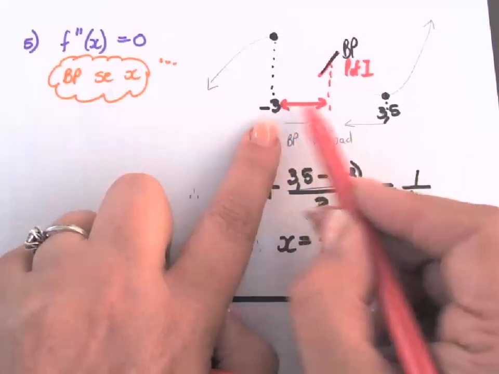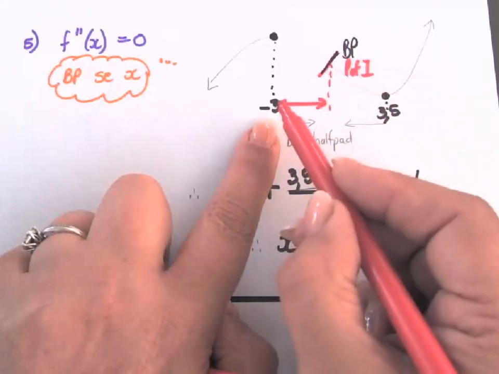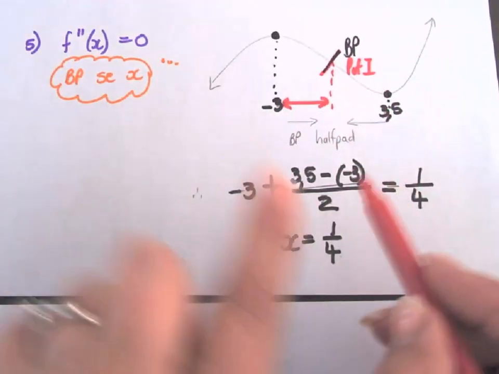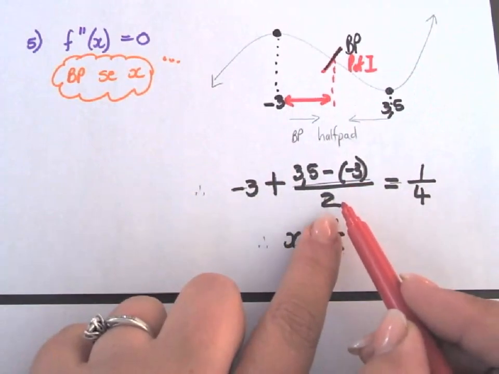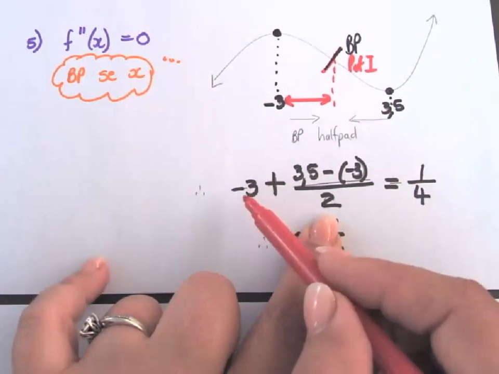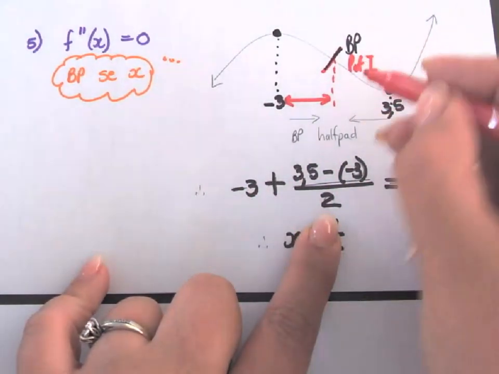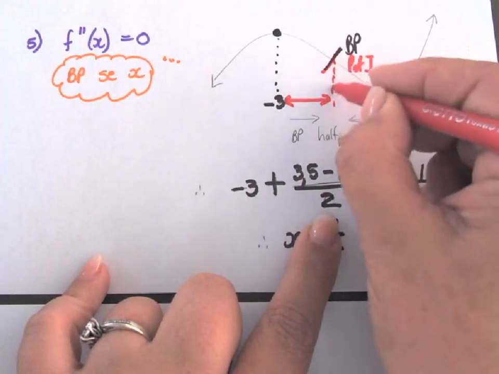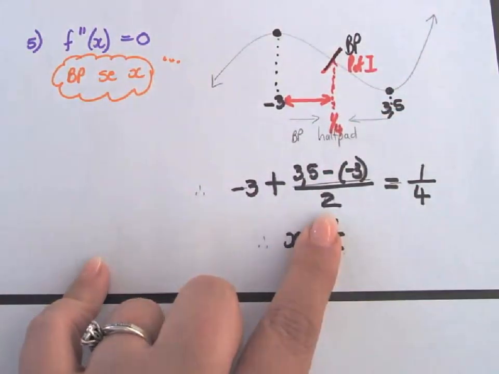How do I get that distance? We say 3.5 minus negative 3 divided by 2. Then I get the distance. I have to add this distance to negative 3 and then you get a quarter. So the x value here at the point of inflection is a quarter.